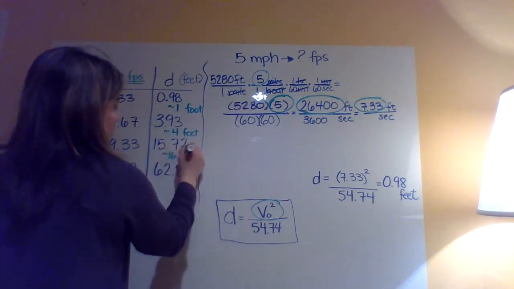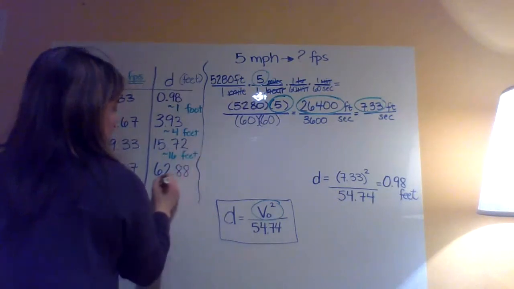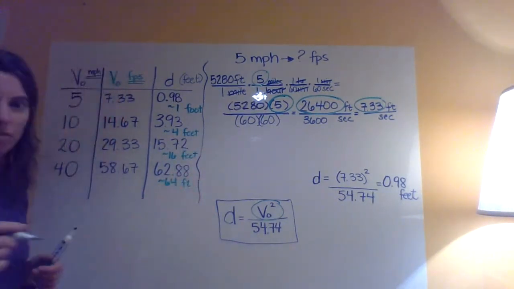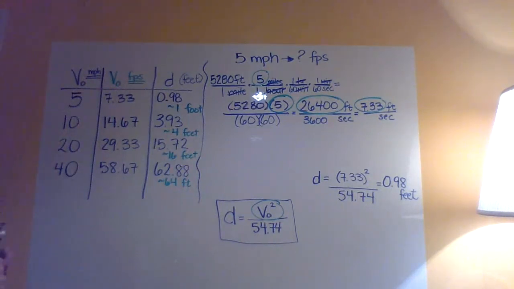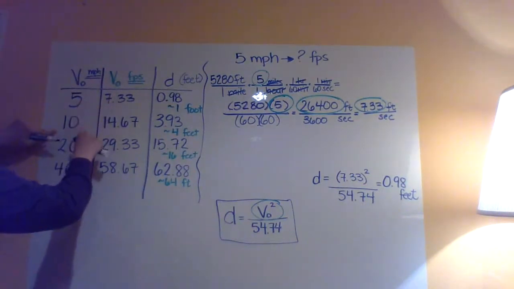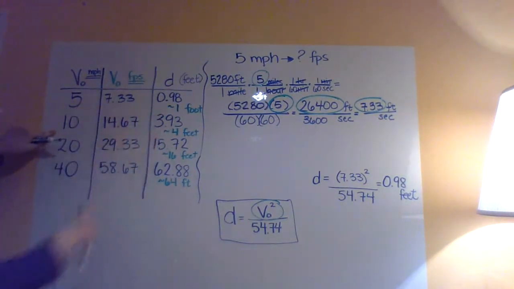This is about 16 feet. This one might seem weird, but I'm going to call it about 64 feet. It rounds to 63, but I'm going to call it 64. So when my speed doubles from 5 to 10, does my braking distance double also? Hopefully you can clearly say no, it does not.